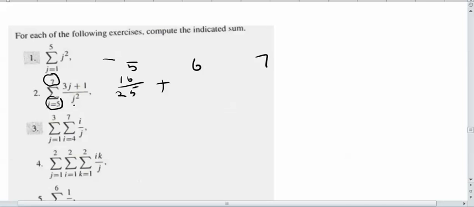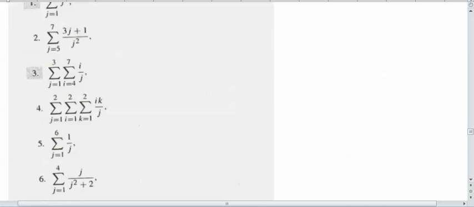Plus, when I plug in a 6 here, 18 plus 1 is 19 over 36. Then I plug in a 7, 21 plus 1 is 22 over 49, and I would add all this up and get a number. So if the number of steps you have to do is very small, why not just start plugging it in and work with the basic definition?